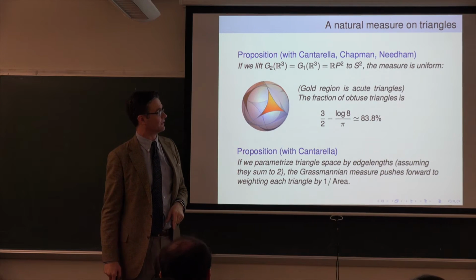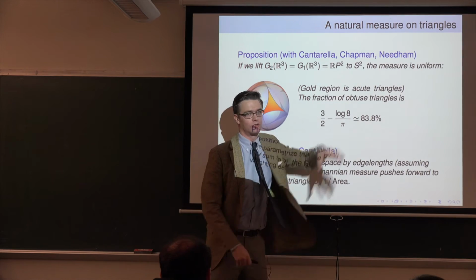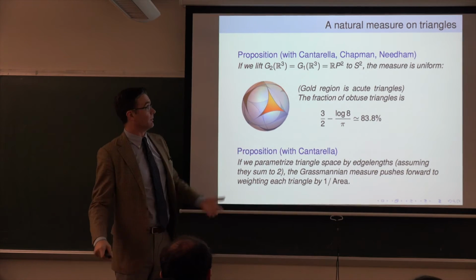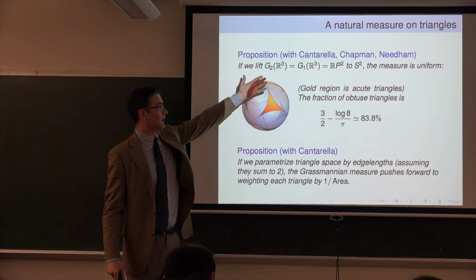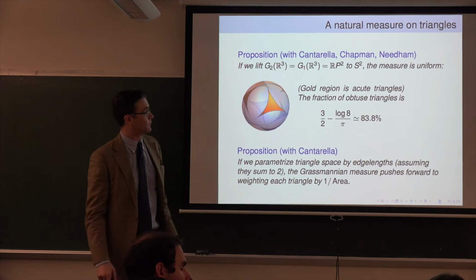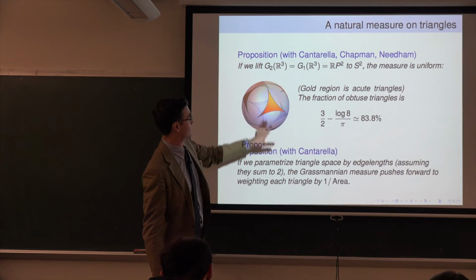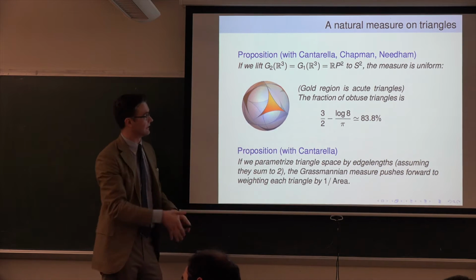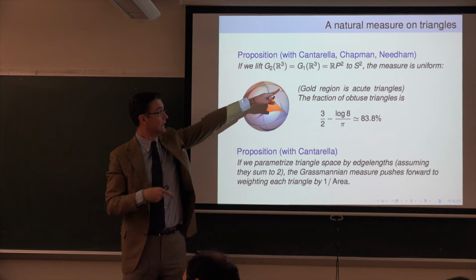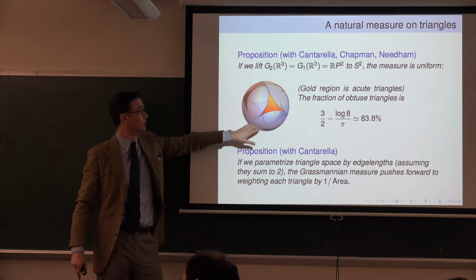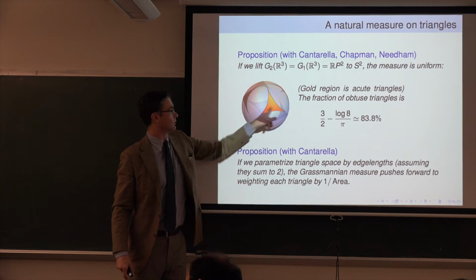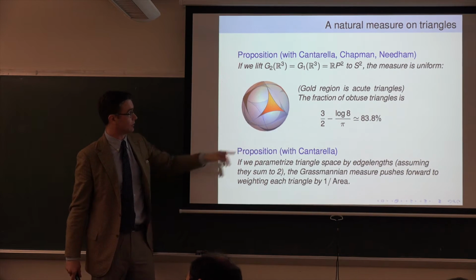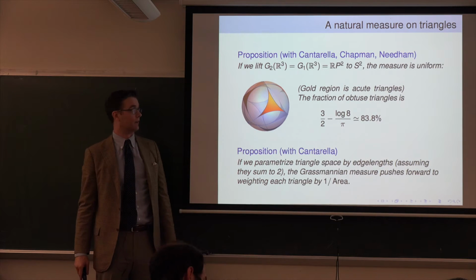Well, RP2 is less of our favorite space than S2 if you take the double cover. And then everybody understands S2 pretty well. And you can just draw this picture and see that the acute triangles under this identification between triangles and this double cover by S2 are exactly these 8 sort of weird, coincidentally triangular looking shapes.